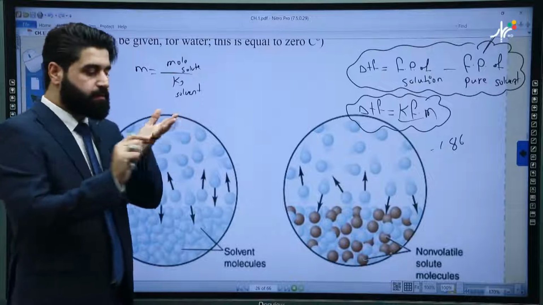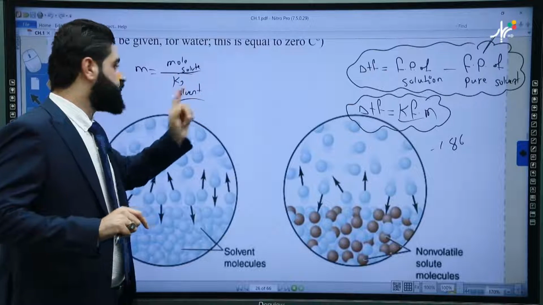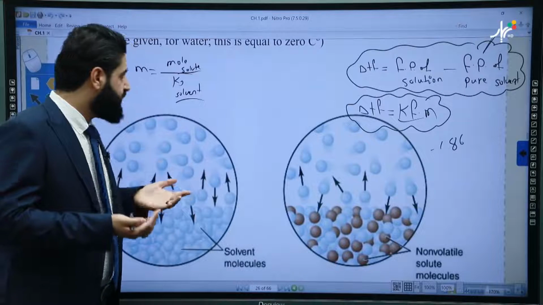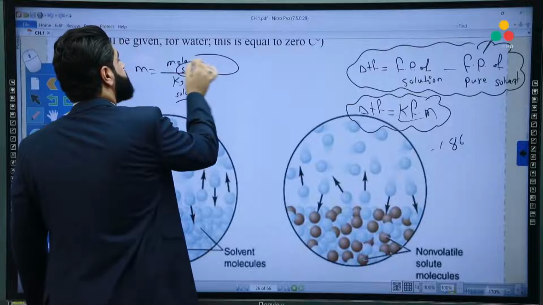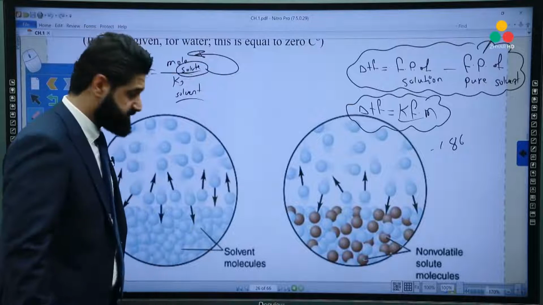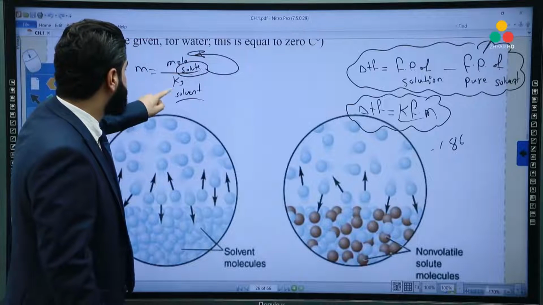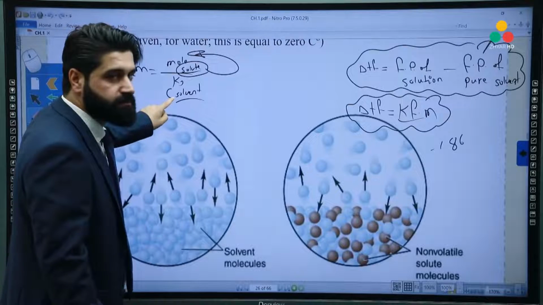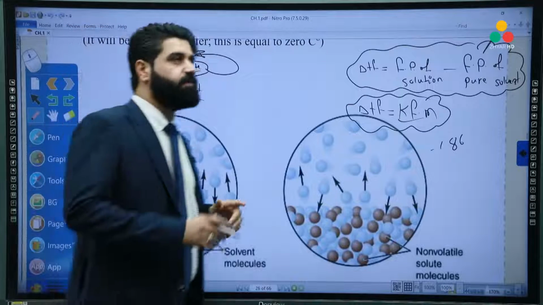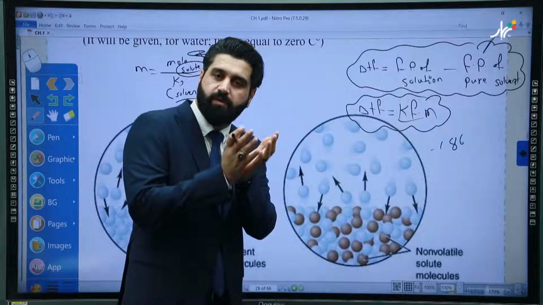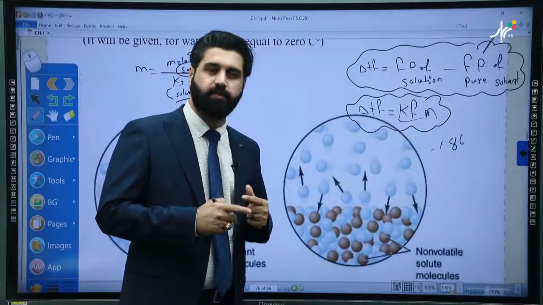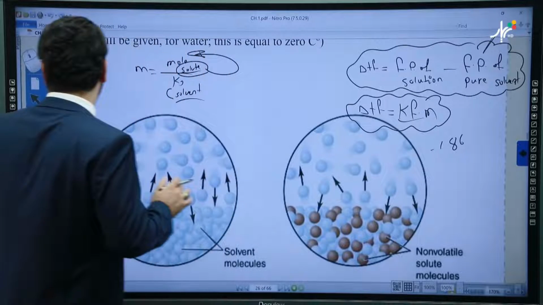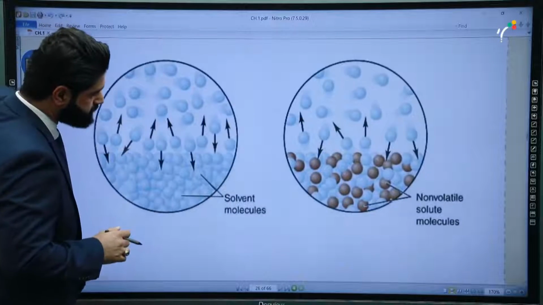First step, the solute and solvent must be identified, and any information about the solute must be turned into moles, and any information about the solvent must be in kilograms. If not, you have to know the conversion factor between gram and kilogram.